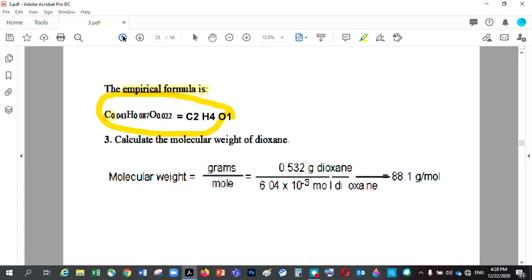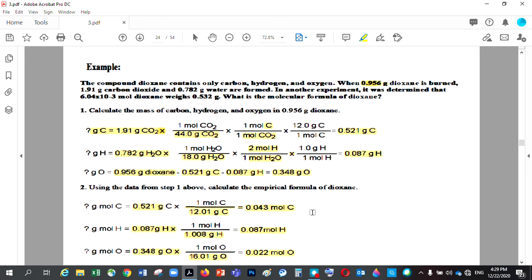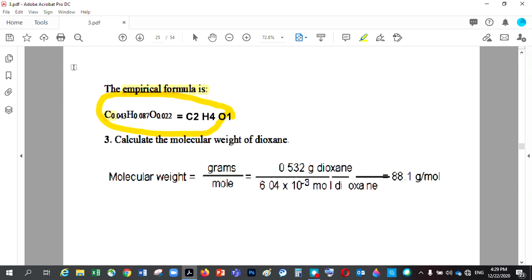So if you look at those values, the least number is oxygen, 0.022. You divide by the least number. Oxygen is 0.022, hydrogen is 0.087, and carbon is 0.043. You divide by the least number, and you get oxygen is 1, carbon is 2, and hydrogen is 4.